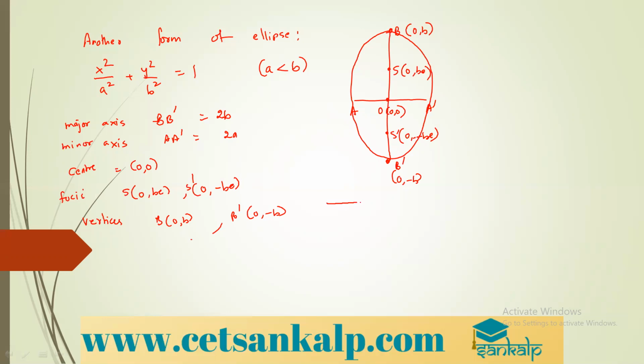Then the ellipse has two directrices, one here and one the other way. This is a directrix. This is also a directrix. The equations of directrices are y equal to plus b by e, y equal to minus b by e.